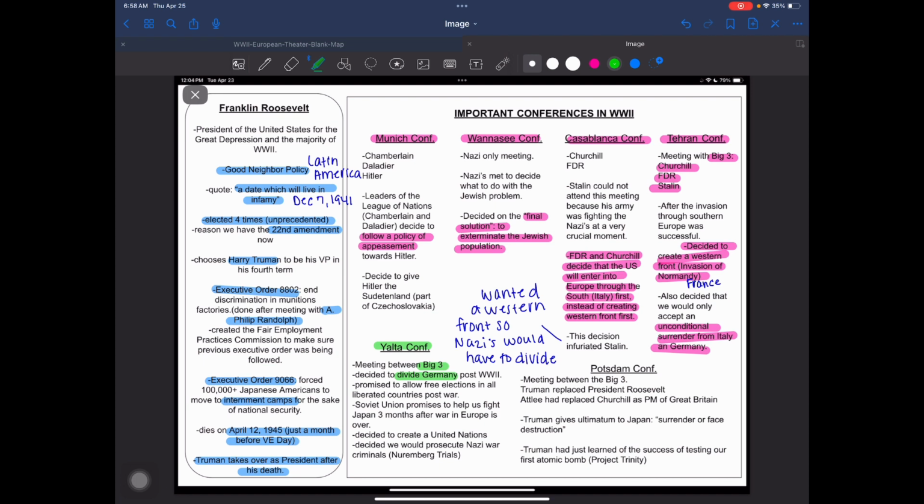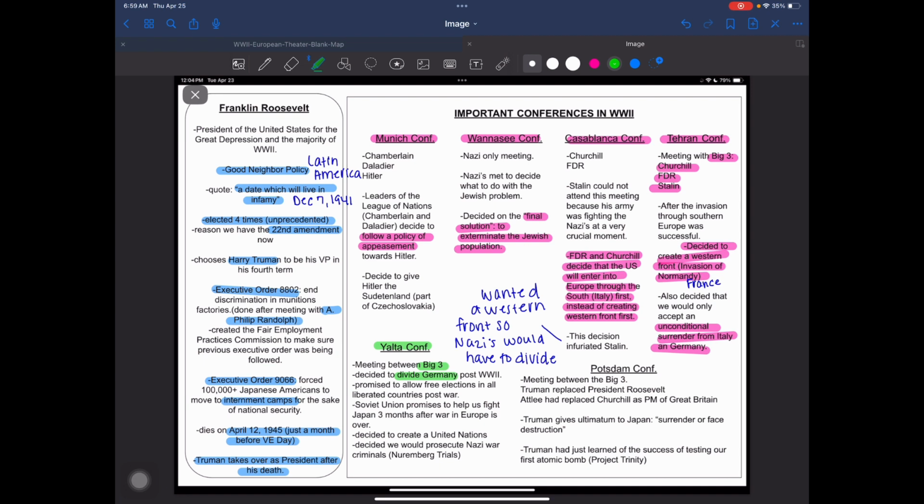So we're going to divide up Germany amongst the four allied powers: the Soviet Union, the United States, Britain, and France. We're going to divide it up so that we can help rebuild Germany as well as monitor them post-World War II. We don't just divide up the whole country. We even take their capital, Berlin, and divide it up as well.